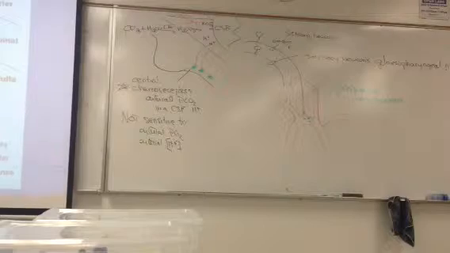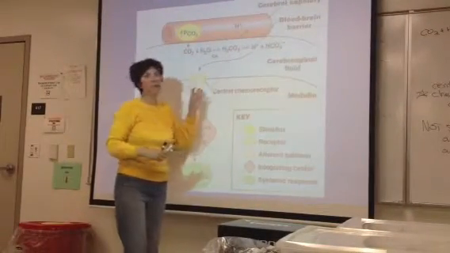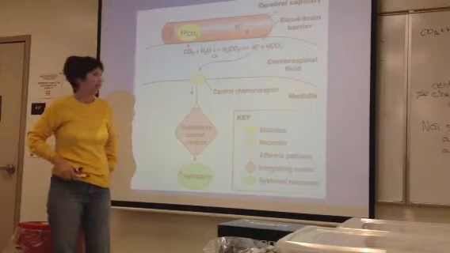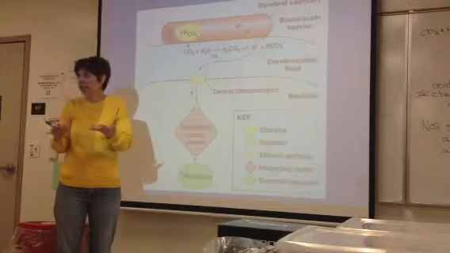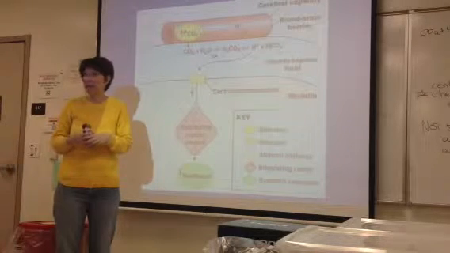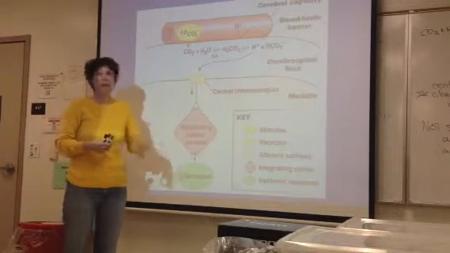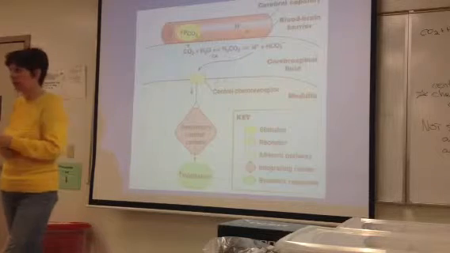So as those hydrogen ions build up, they bind to chemoreceptors. The chemoreceptors depolarize and release neurotransmitters, and those bind to the neurons of our dorsal respiratory group.